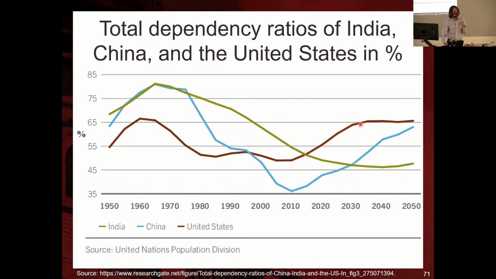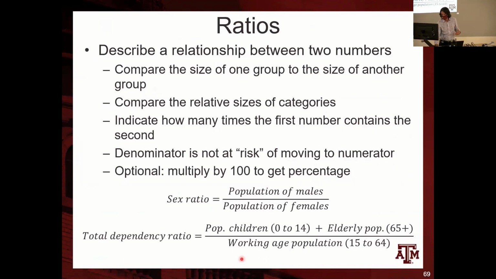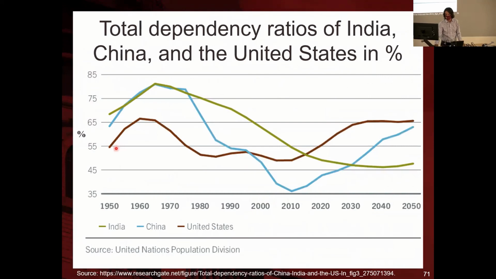Not because of an increase in fertility, not because of an increase in the population of children, but because of an increase in the population of older people. Back in the 60s, the total dependency ratio went up because of an increase in fertility here in the US. In the next decades, we expect an increase in total dependency ratio because people are getting older, living longer, lower mortality rates, right? That's what we are looking at only with the brown curve here.